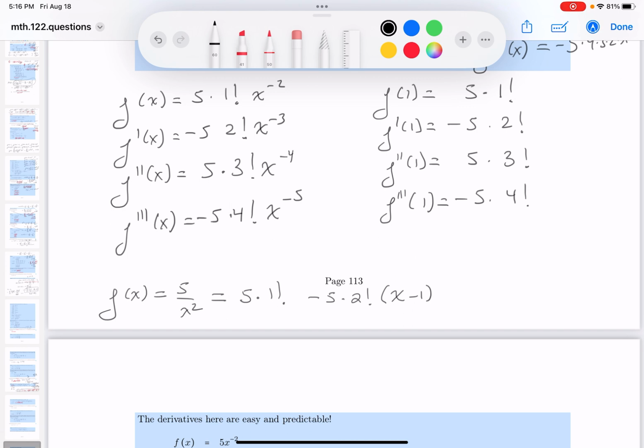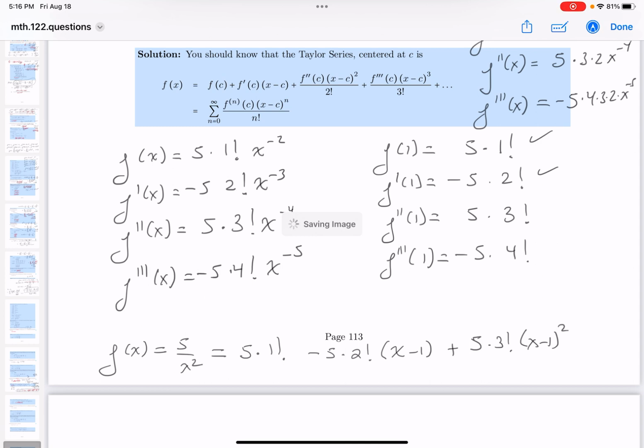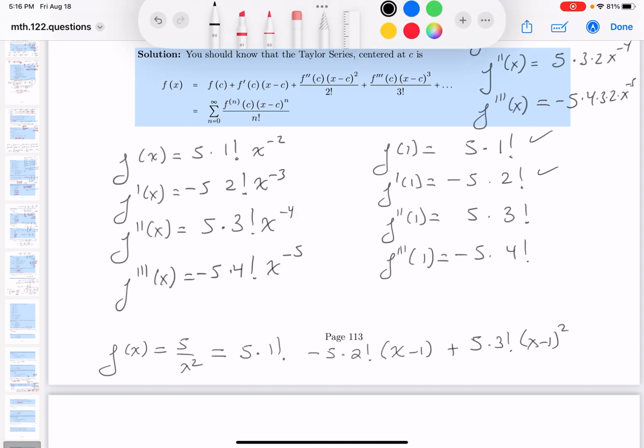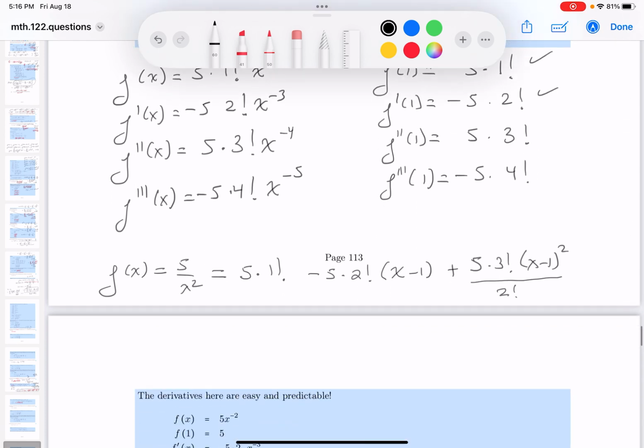What's the next term going to be? Plus, again, we're looking at these over here, 5 times 3 factorial times x minus 1 squared over 2 factorial. I'm going to write the next one down. I know it's tedious. Plus, no, not plus, is it? It's minus. Very predictable.